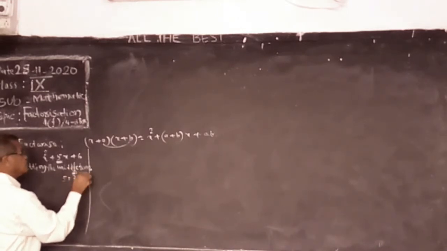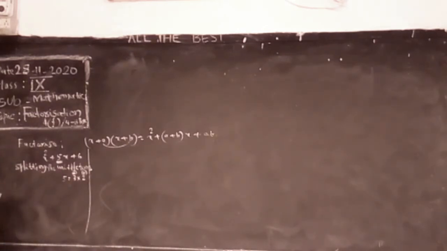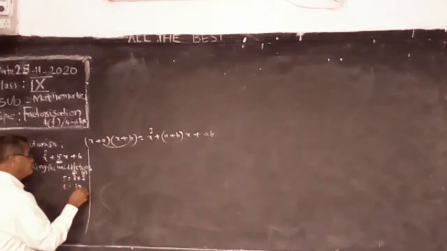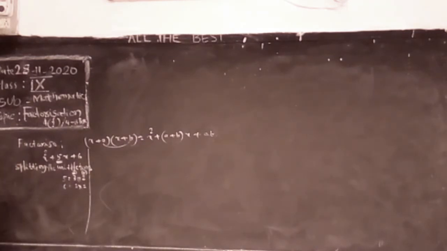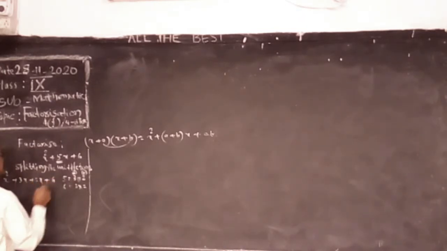Both are plus. 3 plus 2 is 5, the sum, and the product is 6, 3 into 2. So split the 5x like this: x squared plus 3x plus 2x plus 6.